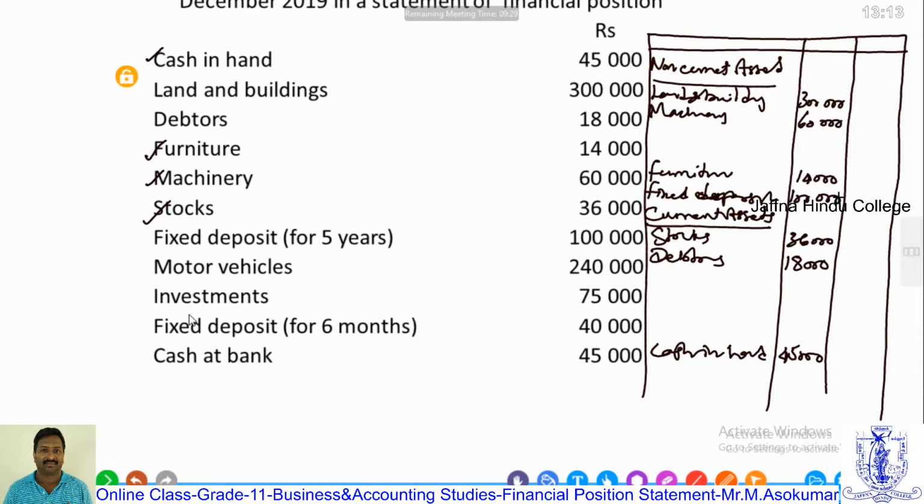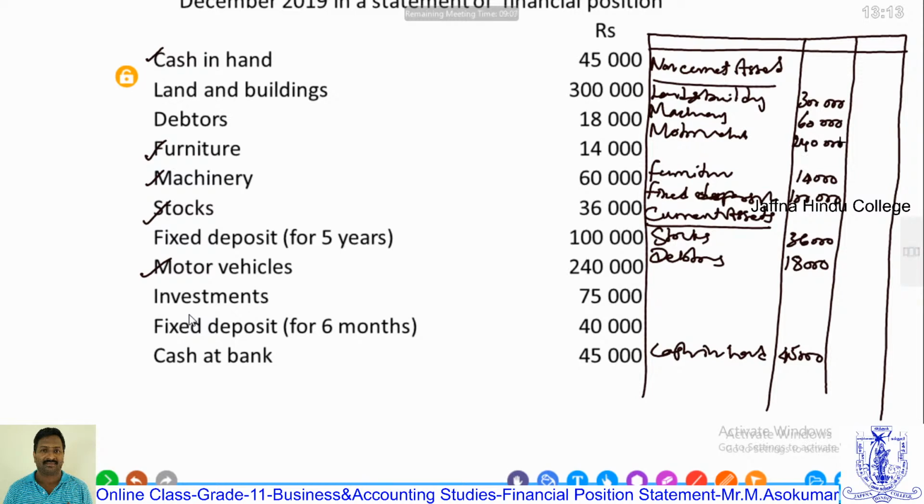Next thing, motor vehicle. Motor vehicle is also considered a non-current asset under the machinery. Motor vehicle, rupees 240,000.